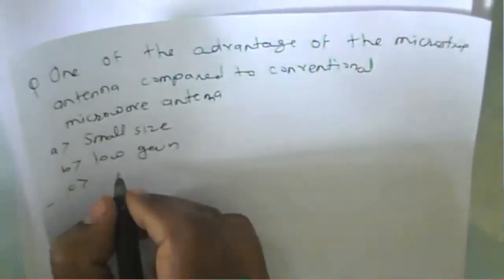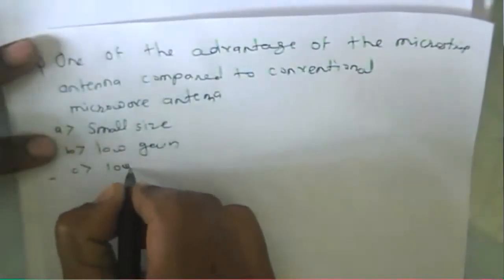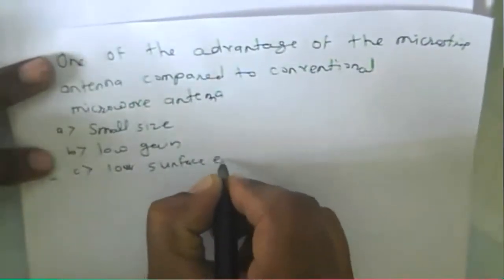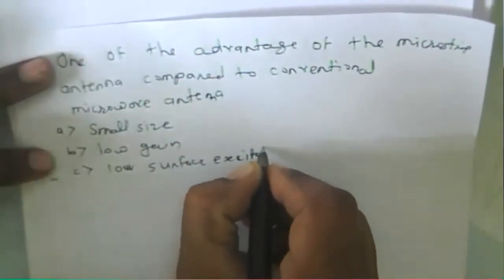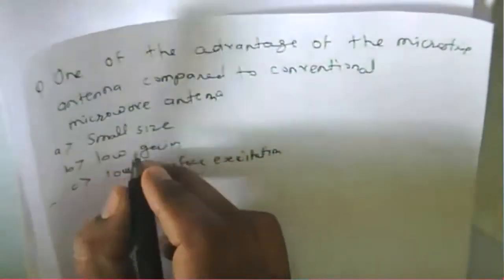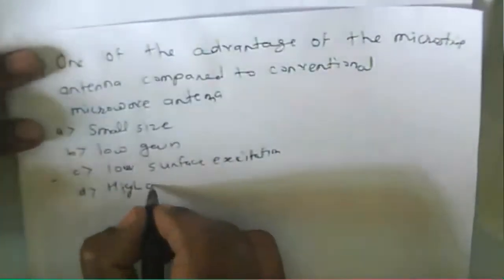B, low gain. C, low surface excitation. And D, high gain.